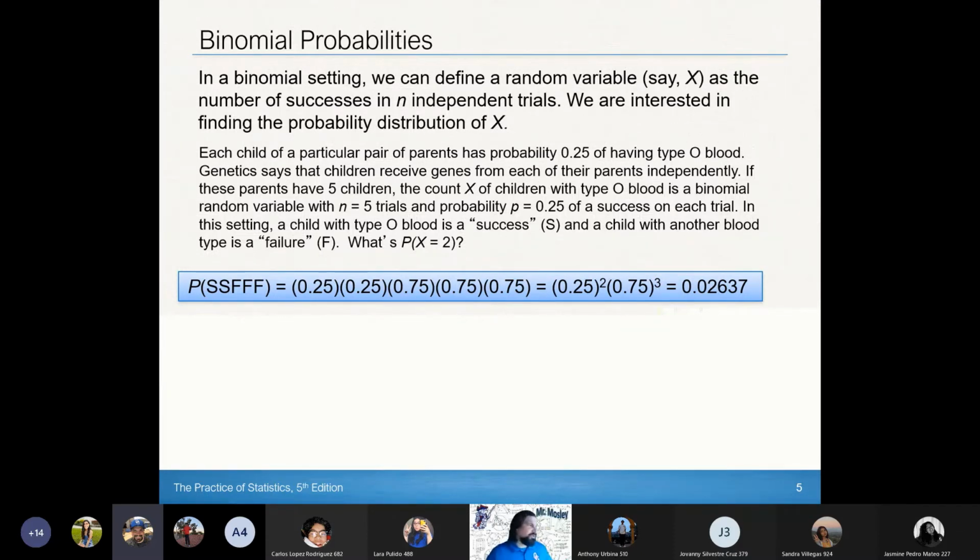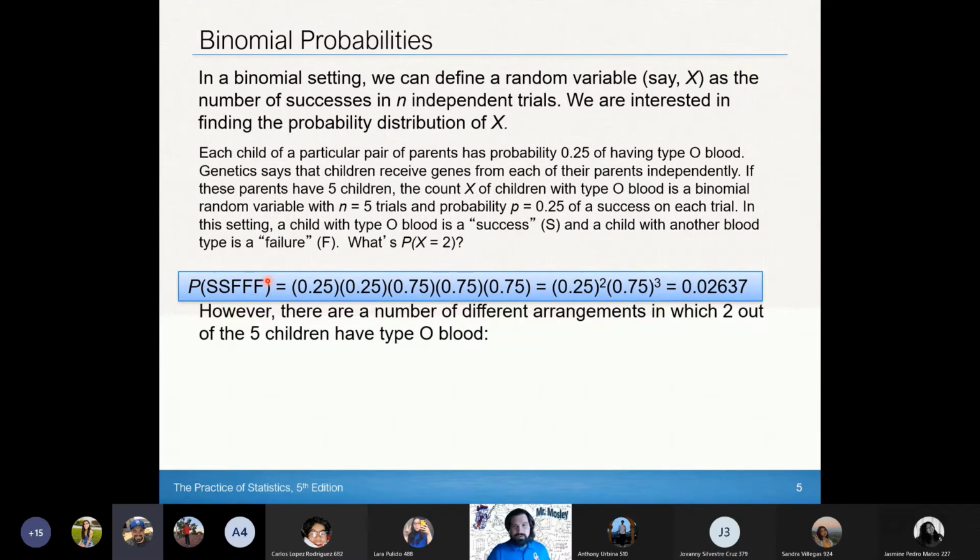We get 0.25, 0.25, 0.75, 0.75, 0.75. That is the probability of success 2 times, probability of failure 3 times. We get 0.25 squared times 0.75 to the third, and we get a probability of about 2.6%. And that's just for the single possible outcome.